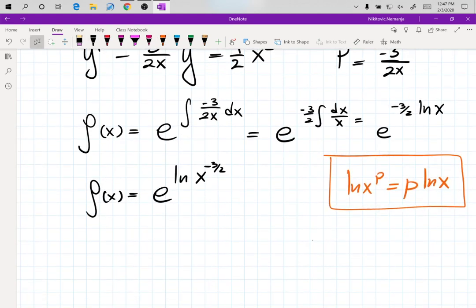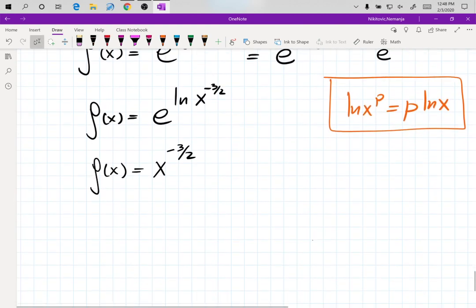And this is where we finally have that our rho of x is x to the -3/2. Now, that's the one that multiplies all three terms, and then we figure out the backwards product rule, and then integrate and do all of the cute stuff.